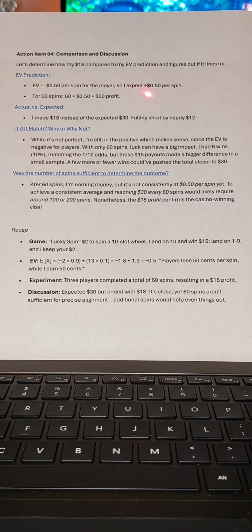So I expect positive 0.50 per spin. For 60 spins, 60 times 0.50 equals $30 profit. Actual versus expected: I made $18 instead of the expected $30, falling short by nearly $12.